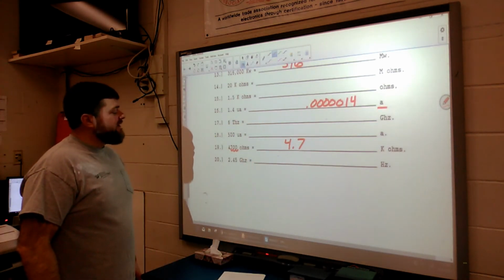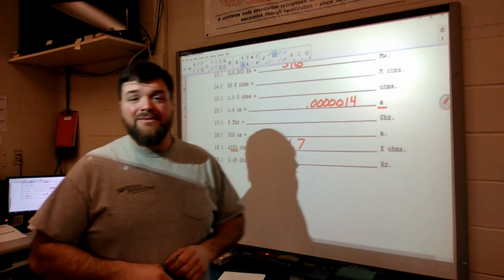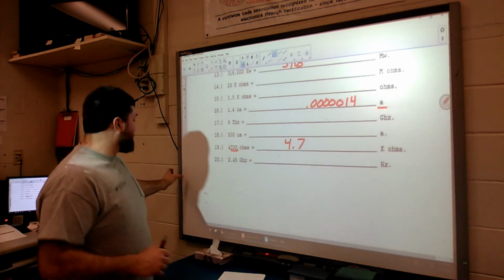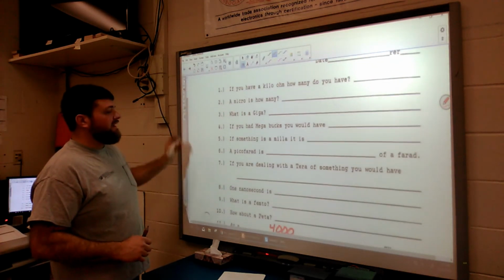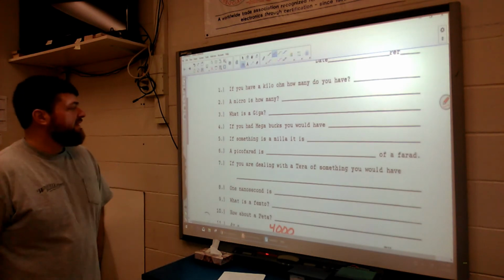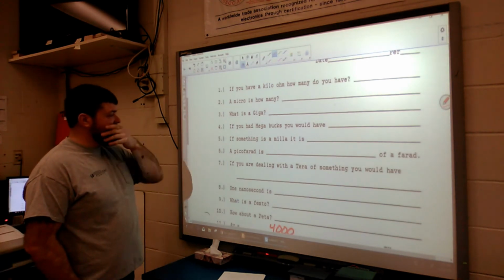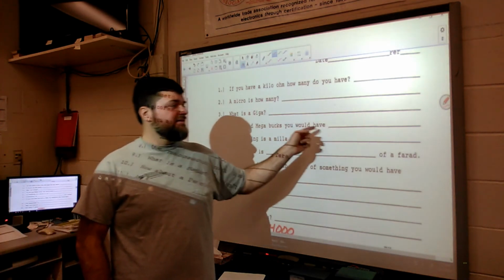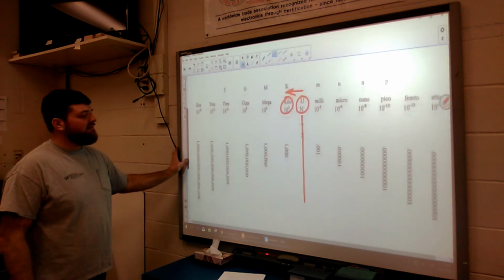I think from looking at this, the rest of this is pretty much the same, so I'm hoping you don't have any problems there. When you go up to the word problems, just fill it out according to the chart. If it says a megabucks, I'll just write the number 1 million in there, because you're going to go back to this chart and ask, what is mega?